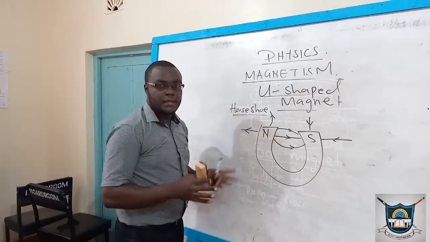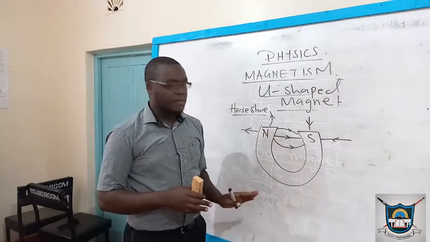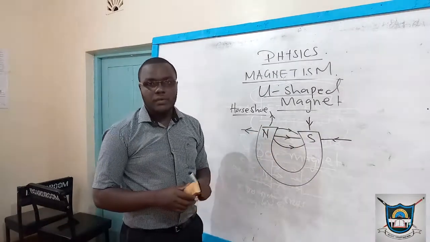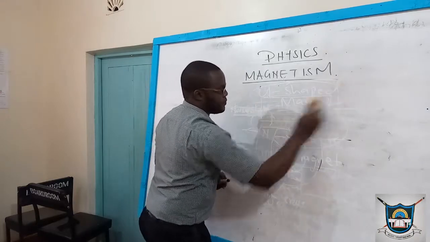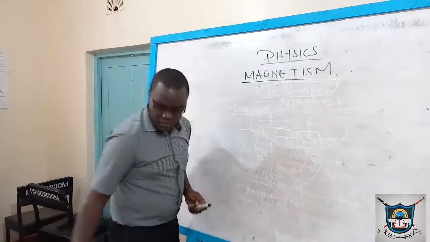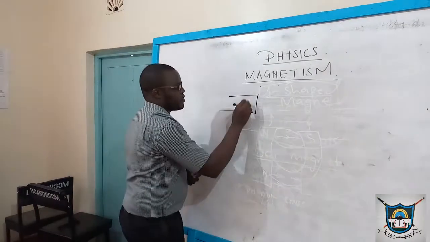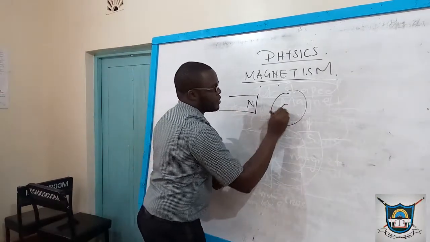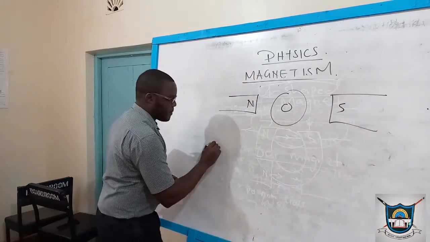Finally, we look at what happens if I place some magnetic materials or non-magnetic materials at the center of two magnets. So I start by placing a soft iron between a north and a south.